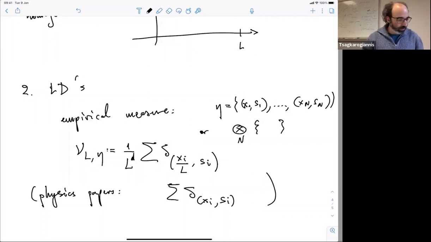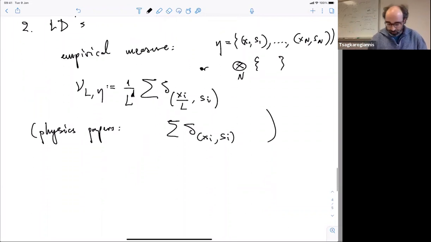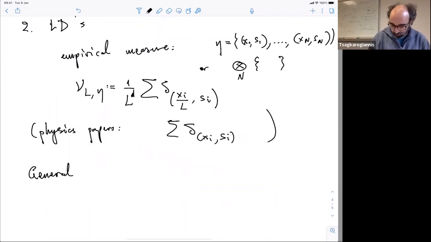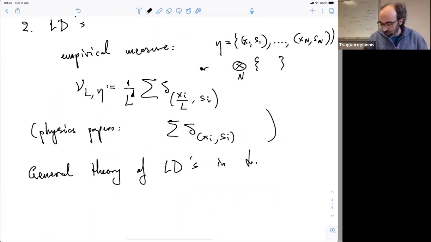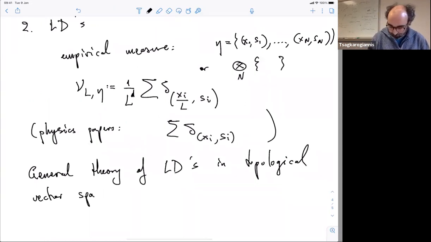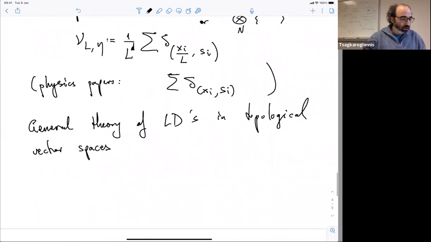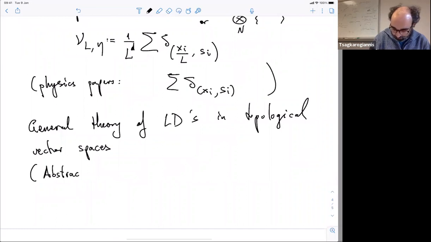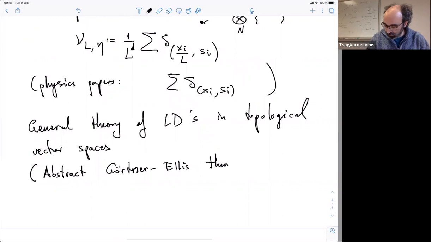Okay, so we have this empirical measure, and there is a general theory of large deviations in topological vector spaces. So, I mean, in some books, for example, you can open Dembo and Zeitouni, and you will see it as the abstract Gärtner-Ellis theorem, but it's just an example.